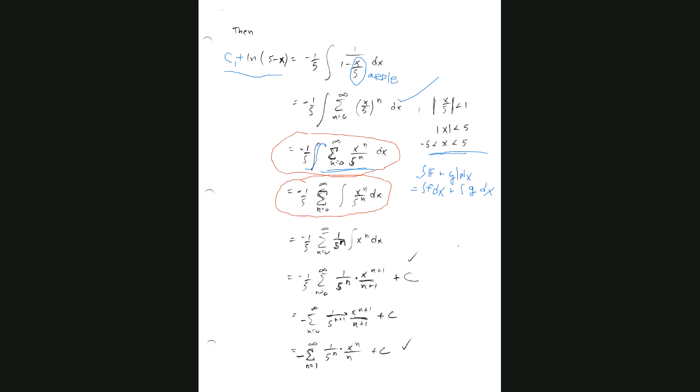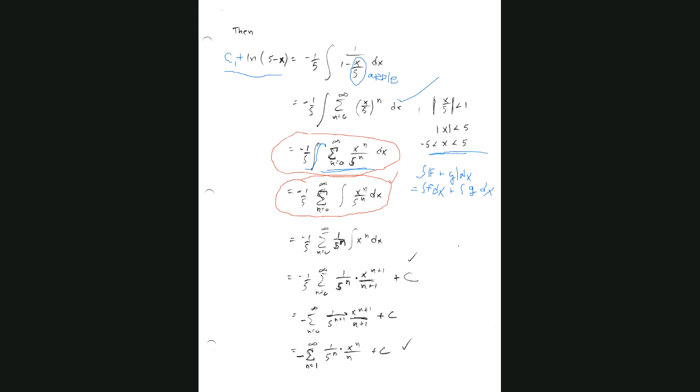Are there any questions going to this stage here? We had the integral, we had -1/5 times. Okay, we won't worry about the -1/5, but we had the integral of a sum. The integral of a sum is the sum of the integrals. Does this make sense?